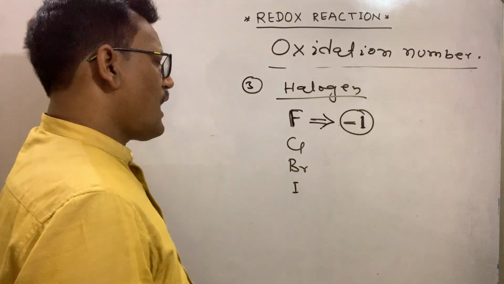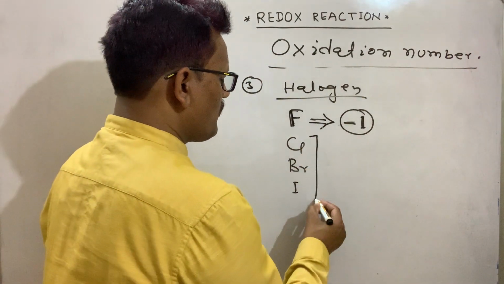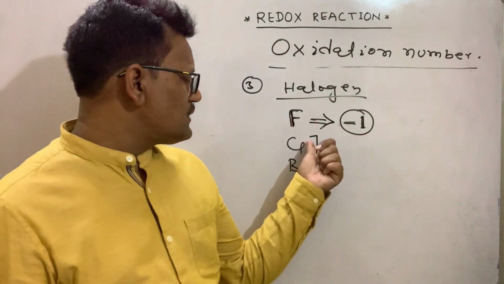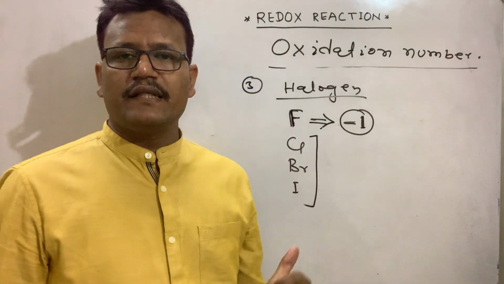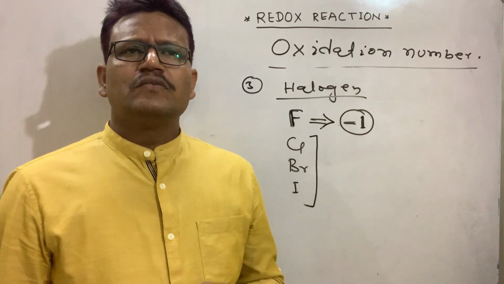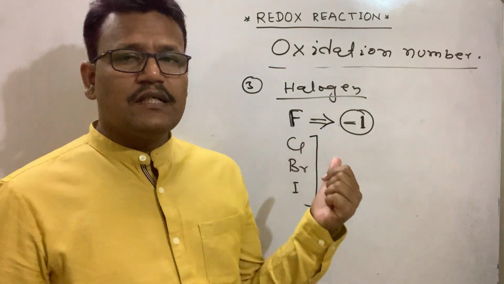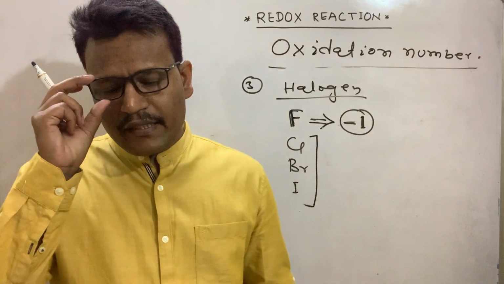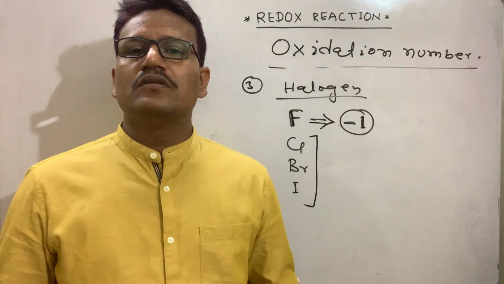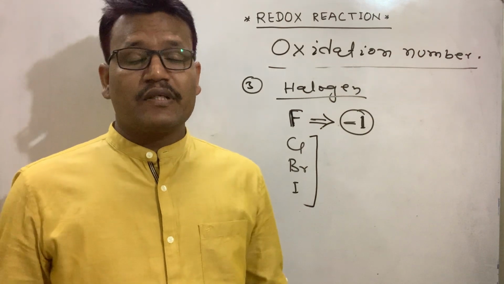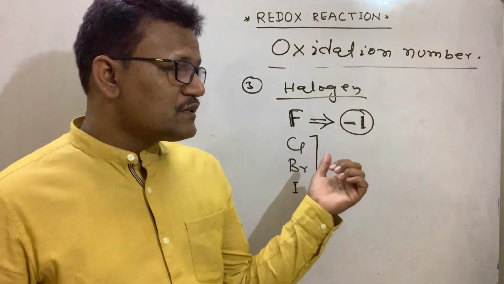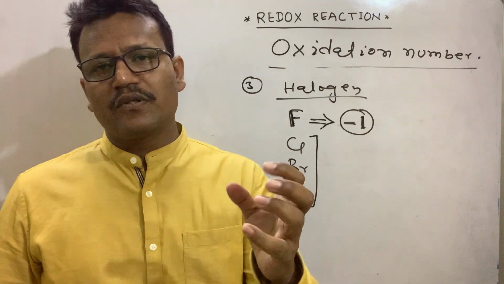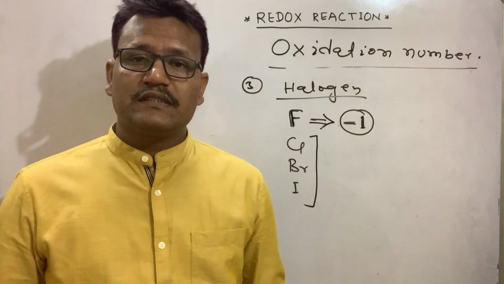But other halogens, that is chlorine, bromine, iodine, in case of halides, that is chloride, bromide, and iodide, as you know, chlorine has 7 electrons in its outermost shell, and to follow the octet rule and gain stability, it has to accept 1 electron from another element.